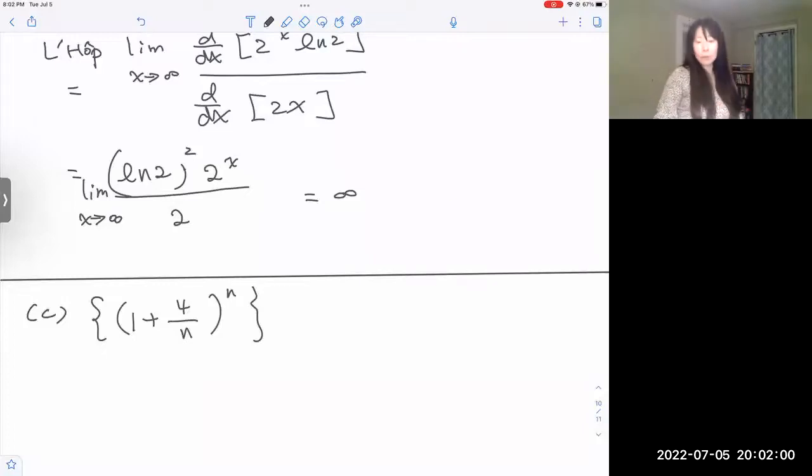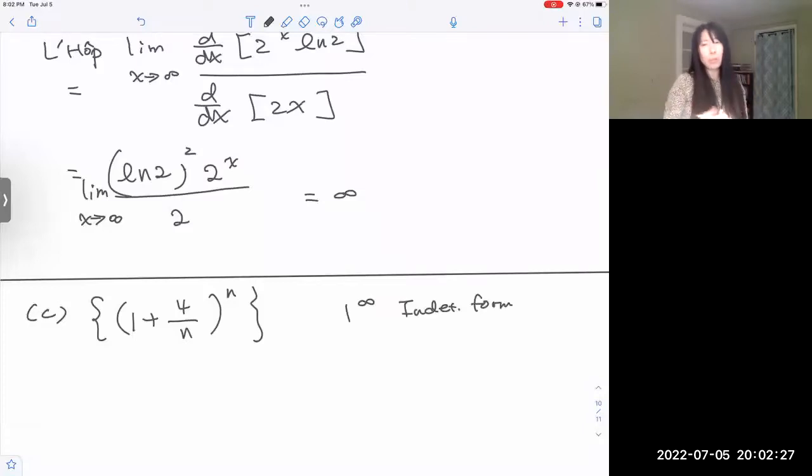Okay, this problem, let's see, when n approaches positive infinity, we have a small tiny number divided by a huge number going to 0, right? So then 1 plus 0, which is 1, and n approaches positive infinity, so we get 1 to the infinity, right? Which is indeterminate form again.